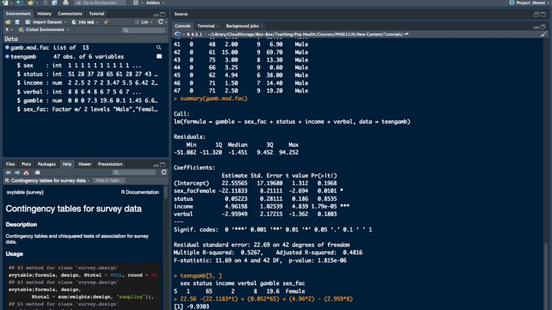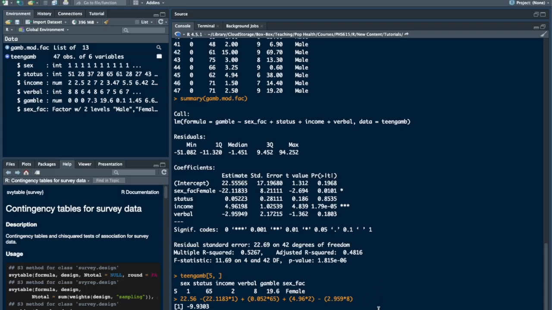Okay? So our prediction here is actually a negative number, which is not great. Whereas this person did quite a bit of gambling. So we're pretty far off in our modeling here for this person, right?